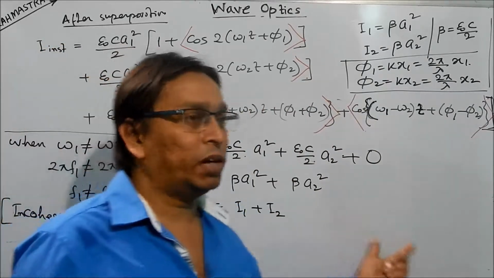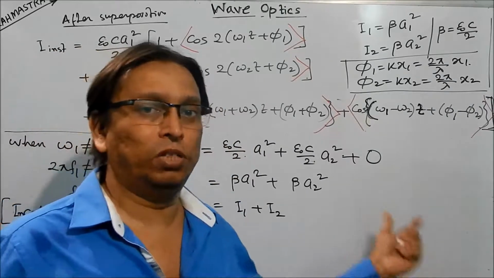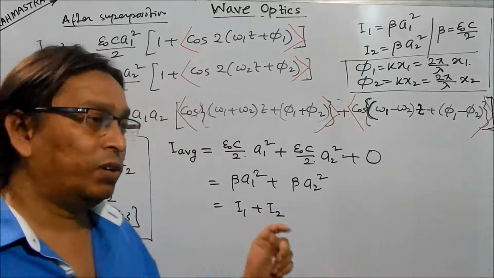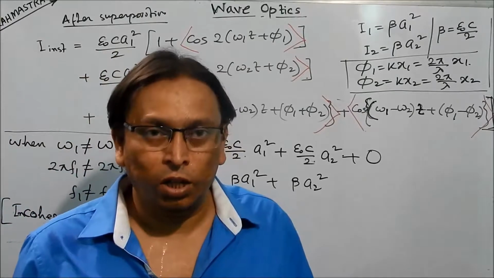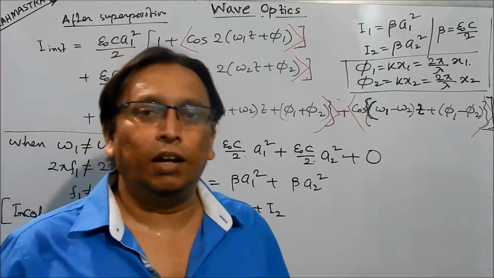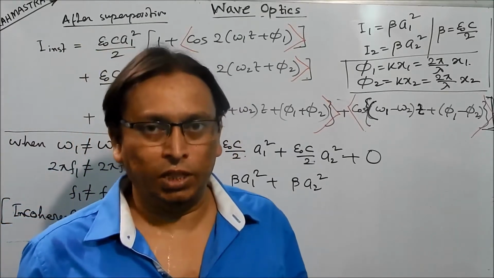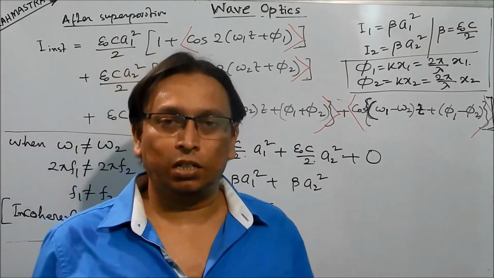That means a cos parameter is there. Cos of phi 1 minus phi 2 is there. Now this cos phi 1 minus phi 2 may be 0, or it may be minus 1. So depending on that, you will have either constructive interference or destructive interference. That will be discussed in my next class.